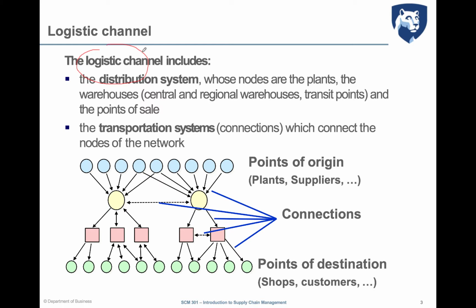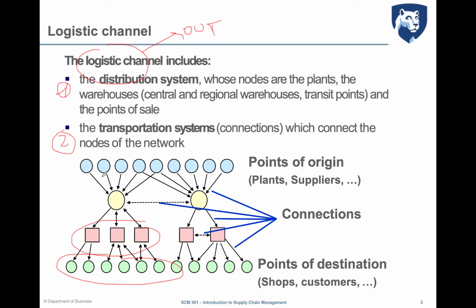realizes the so-called outbound activities. And in particular, the logistic channel of the supply chain is composed of two components. One, the distribution system, whose nodes are the plants, the warehouses, and the points of sale, so everything that comes after production, and the transportation systems, which are instead the arcs that connect the nodes of the network.